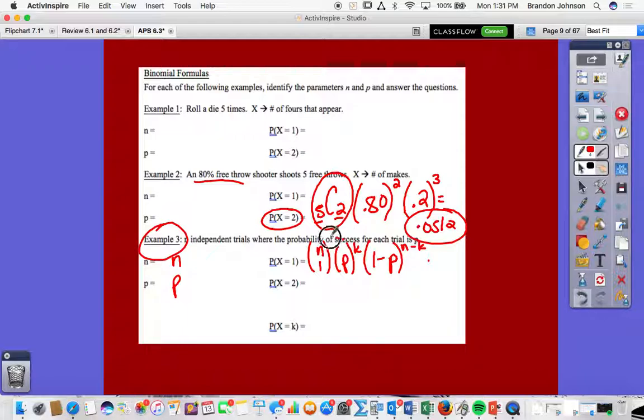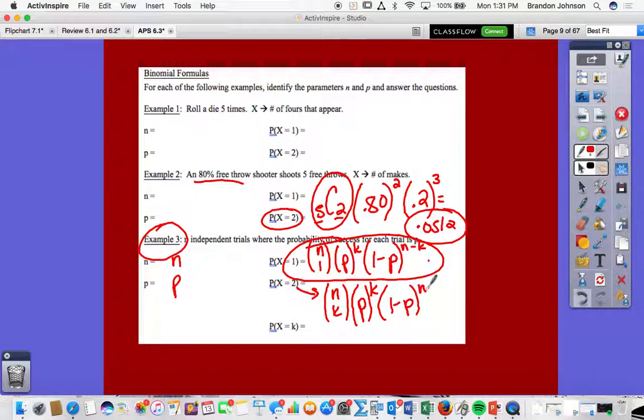And so what we have now is this formula that's here, to where whether it's 2, whether it's K, does not matter. If I did 2, the only difference is it would be N, like 5 total free throws up. If I make 2, that's what we did earlier. The probability of success here is P to the K, which would be 2 free throws made, multiplied by 1 minus P to the N minus K power.